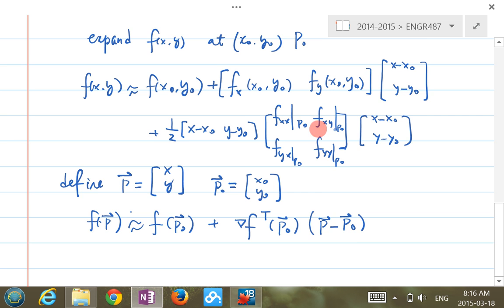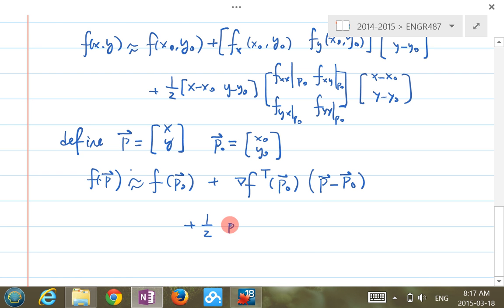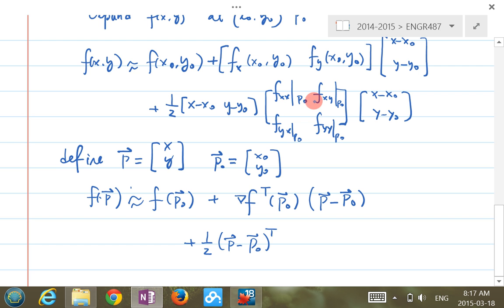And the second term here is 1/2, p minus p naught transpose, and this matrix here is second order. This matrix is called the Hessian matrix, I'm not sure if you learned this, it's basically the Jacobian of this vector here.